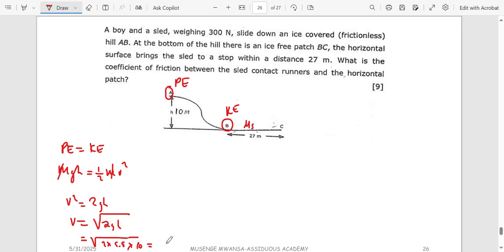And 2 times 9.8 times 10. So 2 by 9.8, and then times 10. Then square root. So that's a 14.